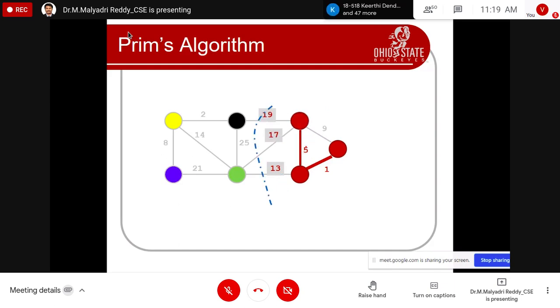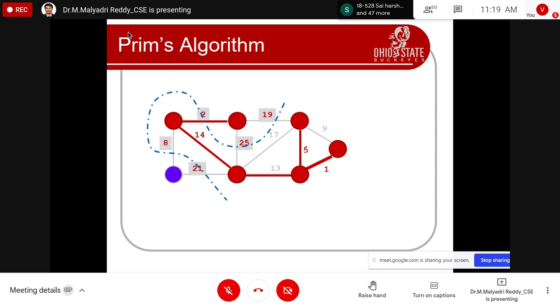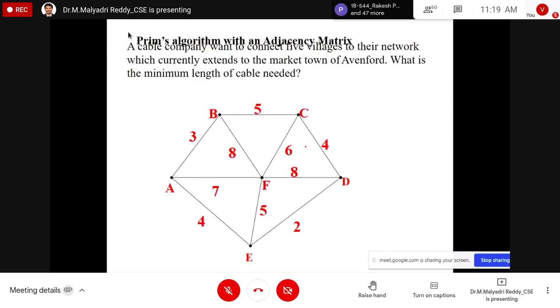So like this, in this way, the Prim's algorithm will be implemented. So in the Prim's algorithm, every time you take a subset of nodes to form the subtree. These are the 2 algorithms, Prim's and Kruskal's. So finally, by adding these vertices, I will get only one tree, without forming any loops, with the minimum cost, like this.